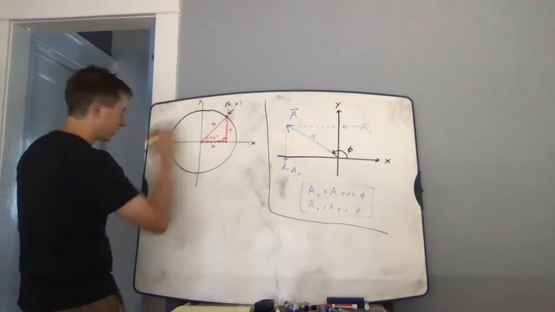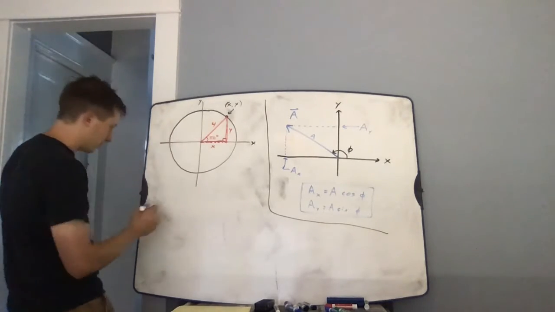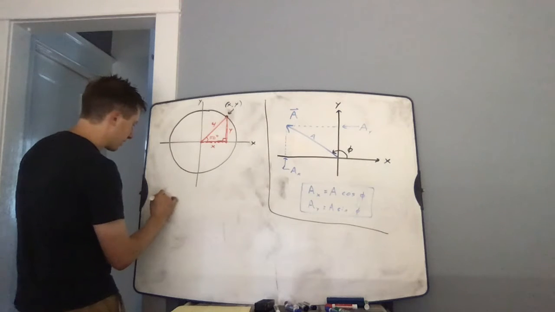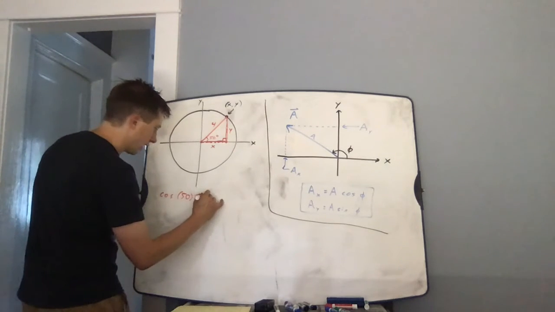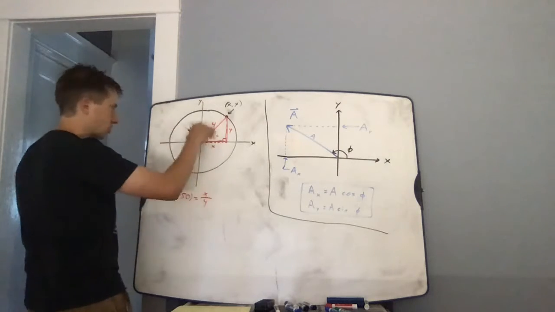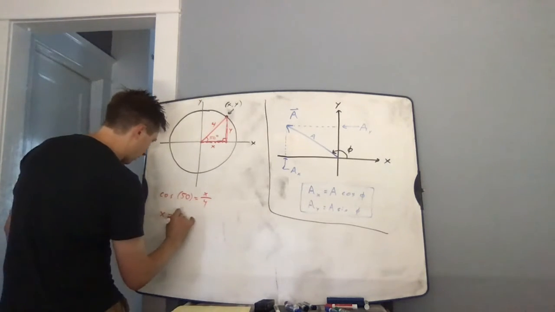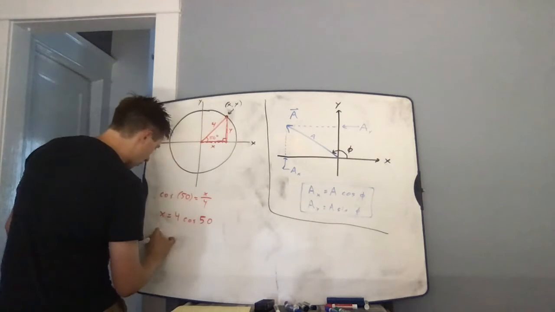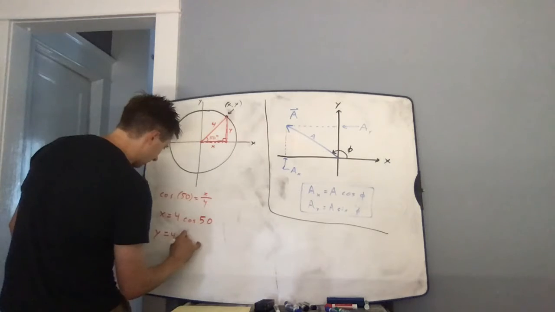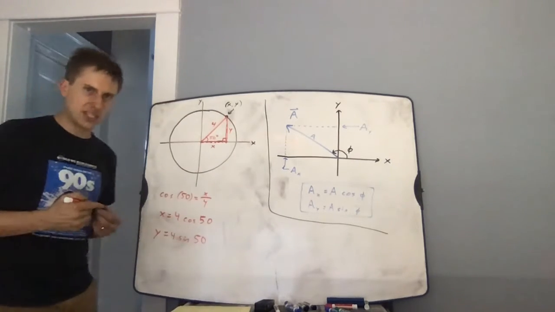I remember my trigonometry, so I could say cosine of 50 is equal to x over 4, adjacent over hypotenuse. So I get x is equal to 4 cos 50. And y is equal to 4 sine 50 by a very similar line of reasoning.